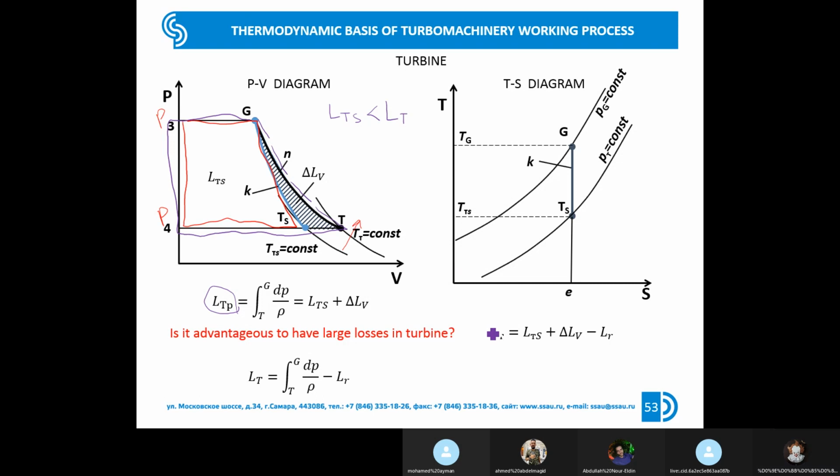In the expansion process, as you know, the losses finally look like this for the conversion.